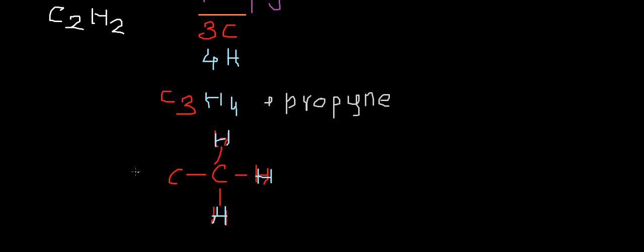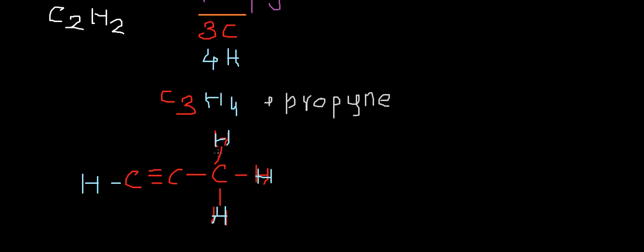And then there will exist a triple bond, and then we will get another C. This is sharing 3 electrons, yet it needs one more electron, which it will take from a hydrogen atom.